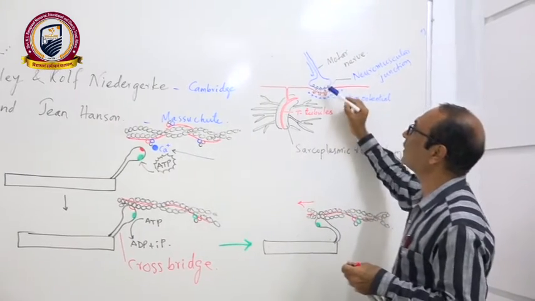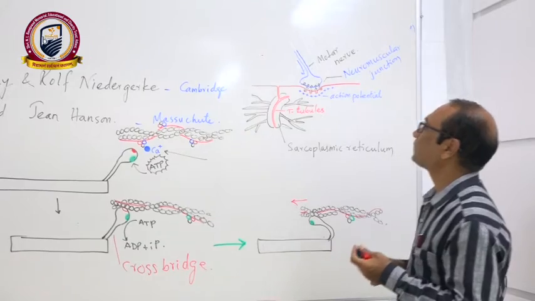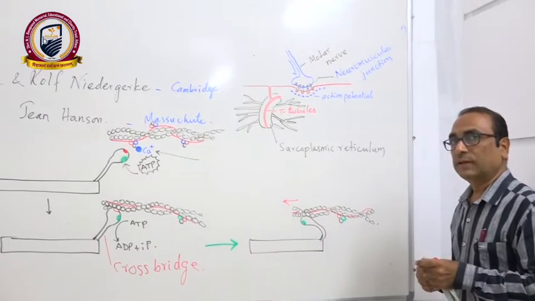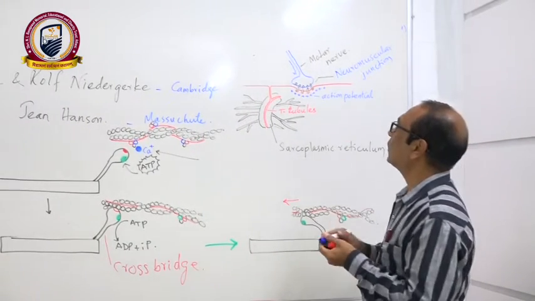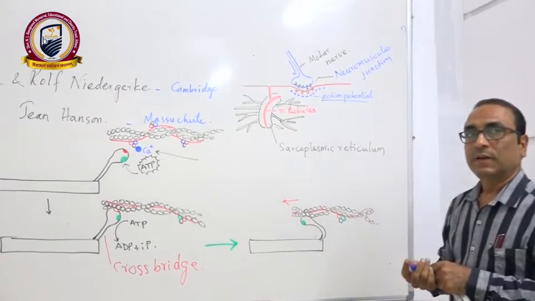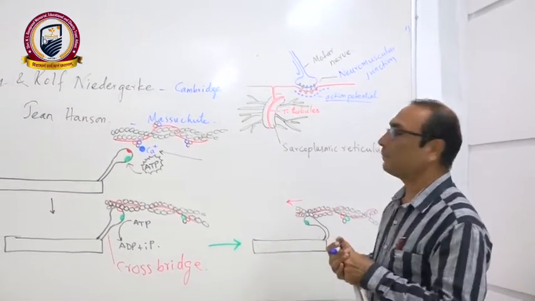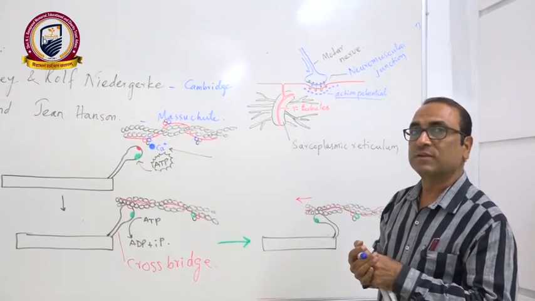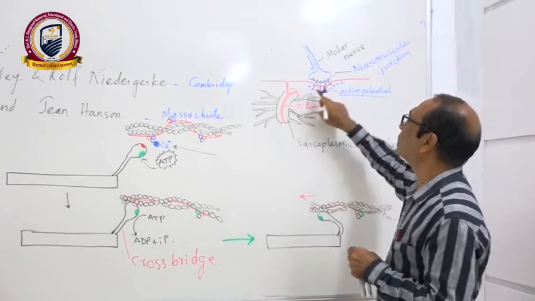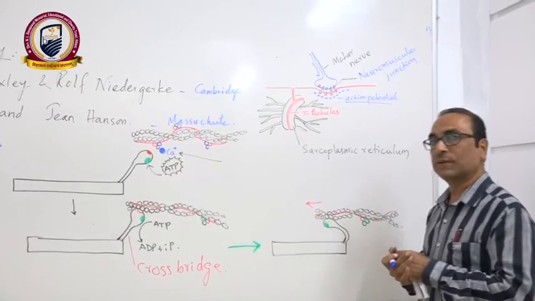These bind to the receptors on the sarcolemma of the myofiber, and that's how the action potential is generated inside the sarcolemma, or the plasma membrane of the muscle fiber. Positively charged ions increase; action potentials were studied before also.